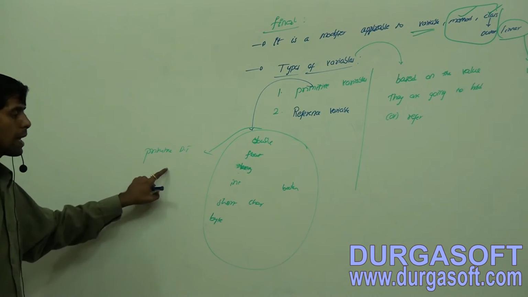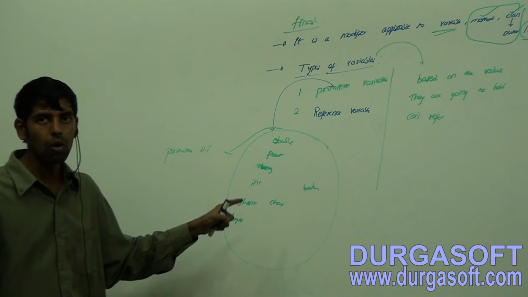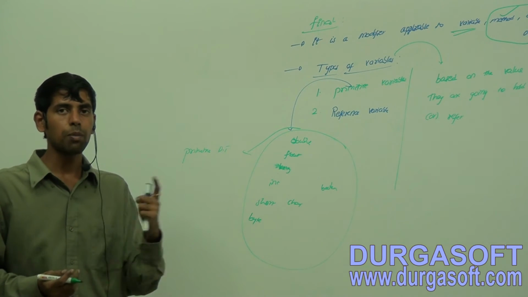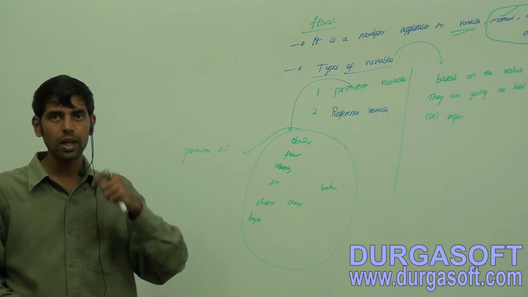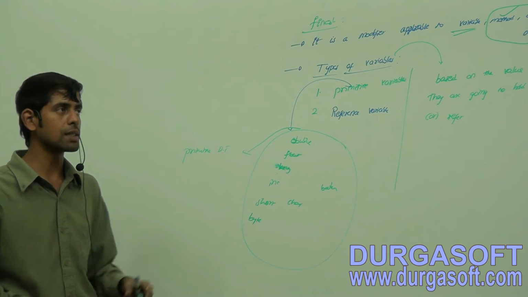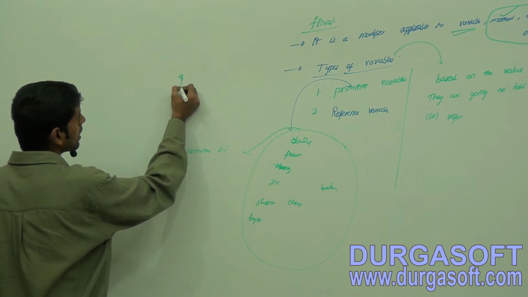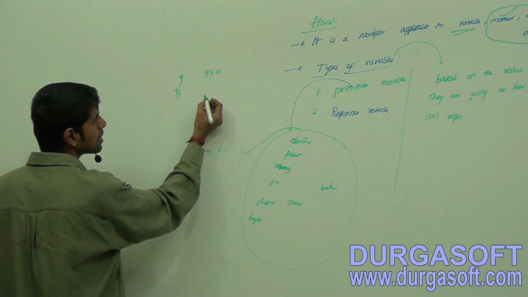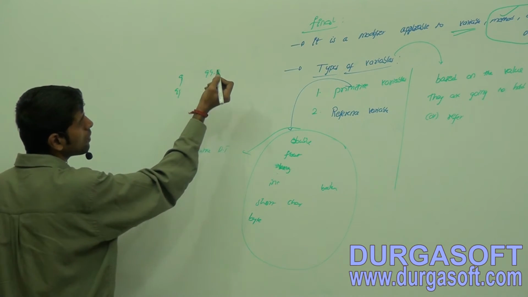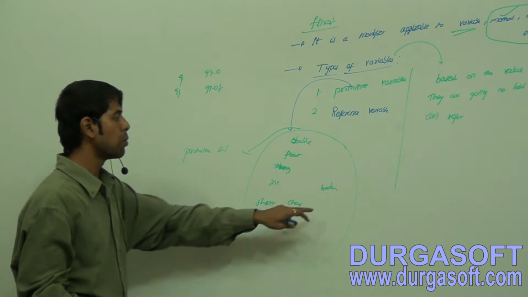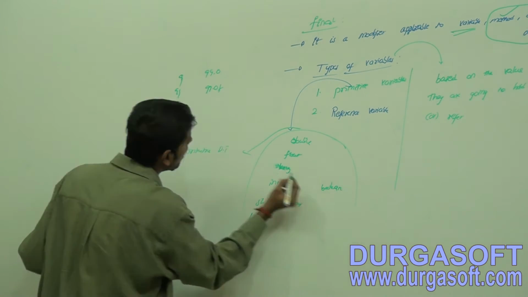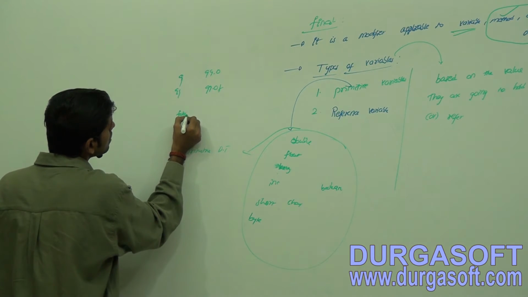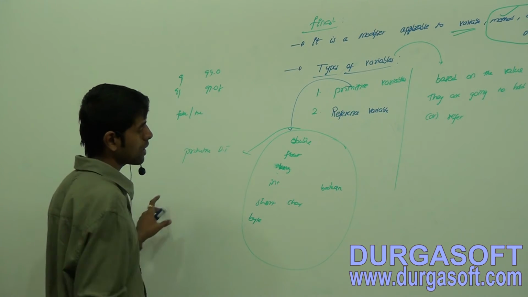They can hold only primitive literals. For example, 9, if it is double then 9.0, if it is float then 9.0f, like that. If it is boolean they can hold either false or true.